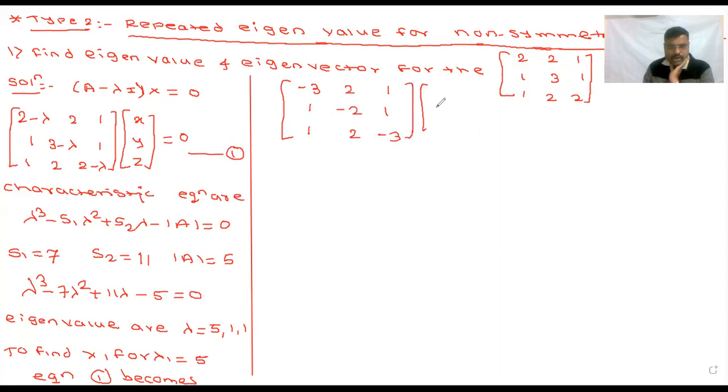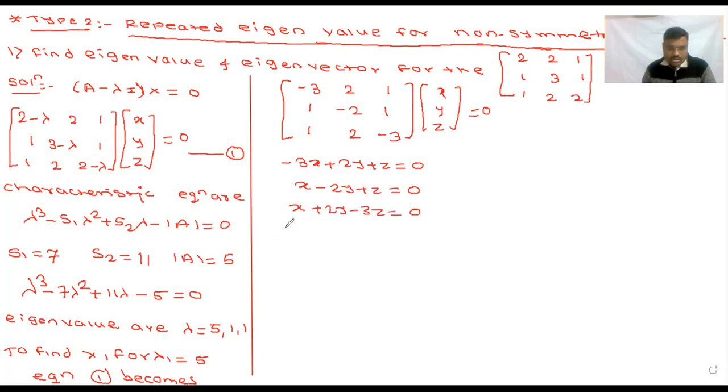Now x y z, so we write the different equations. -3x plus 2y plus z equal to 0, then x minus 2y plus z equal to 0, x plus 2y minus 3z equal to 0.